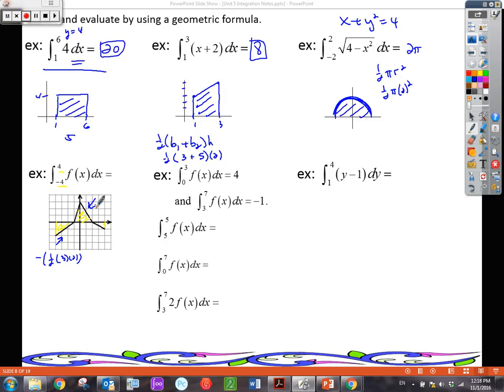This one is above the x-axis, so it's going to be positive. So this one is going to be 1/2. Let's see, the base is 3 and the height is 3. And then this one is underneath, so it's going to be negative. So 1/2, and the base is 2 and the height is 1.